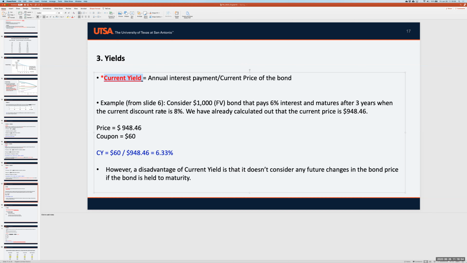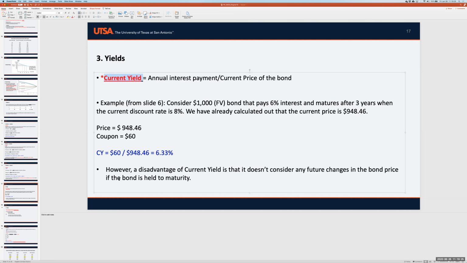As you remember, we have a $1,000 future value bond that pays 6% interest, which is $60 interest per year, N is 3, and the discount rate I is 8, and we have already calculated that the current price of this bond is 948.46. So this is the current price of the bond, and this is the interest payments.